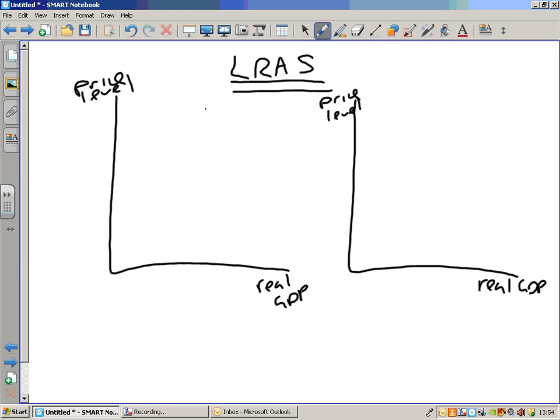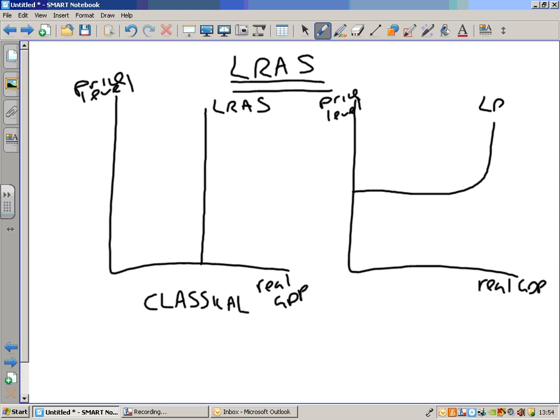A classical economist will show a vertical LRAS curve. So that's the classical view. A Keynesian economist will view LRAS in this shape. Now what I'm going to draw at the bottom of the page is a basic production possibility boundary.